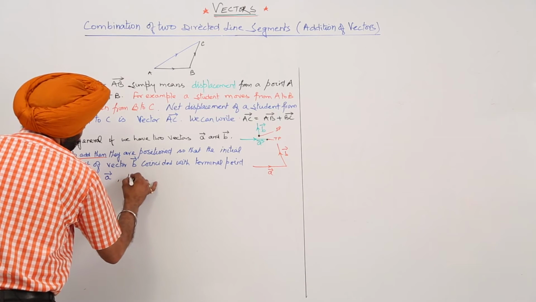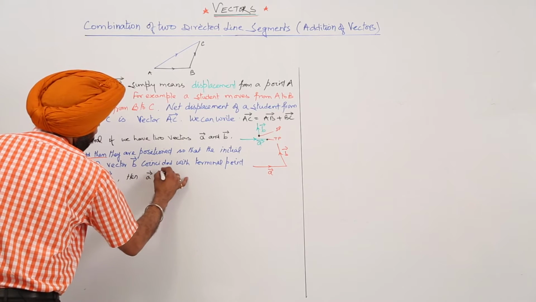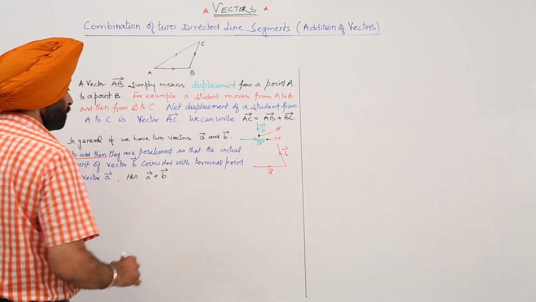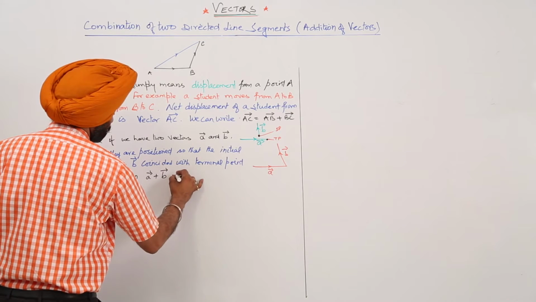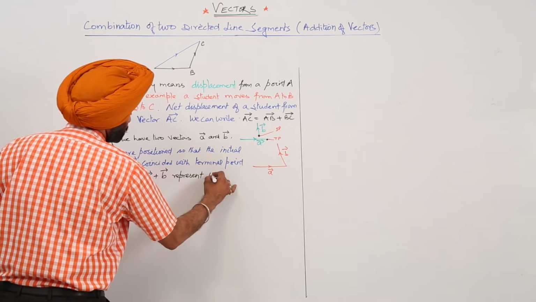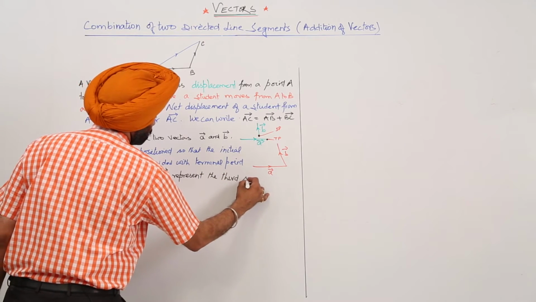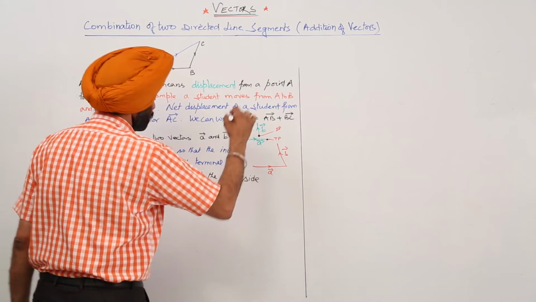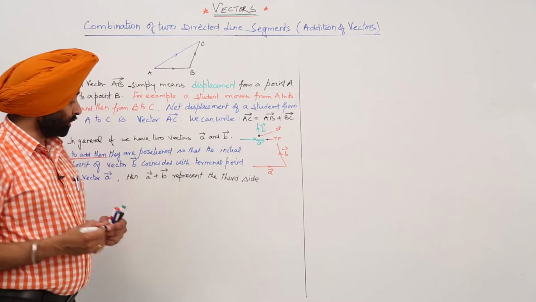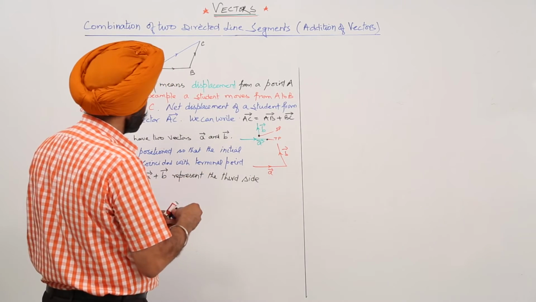Now then A plus B represents the third side. What does this mean?